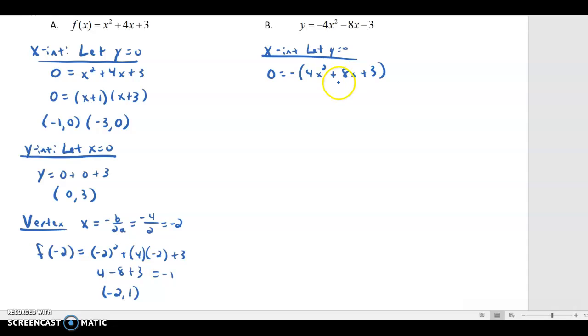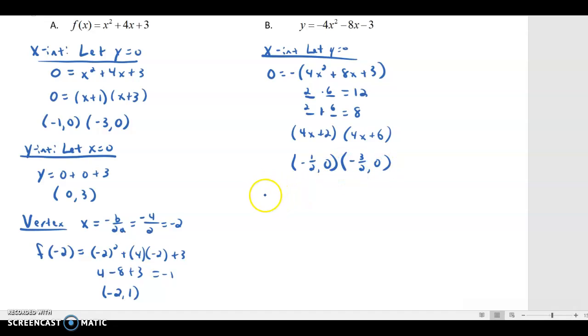Does that factor? Two things that multiply to give me 12 and add up to be 8: 2 and 6. So we'll have (4x plus 2)(4x plus 6). We can throw a few things away there. In the end, we'll get x-intercepts at (-1/2, 0) and (-3/2, 0).